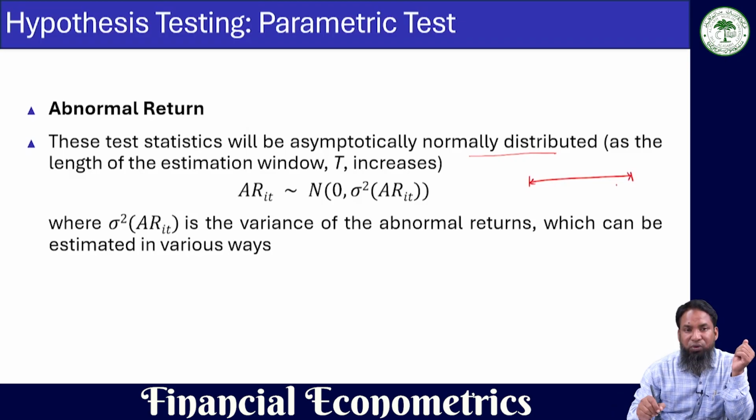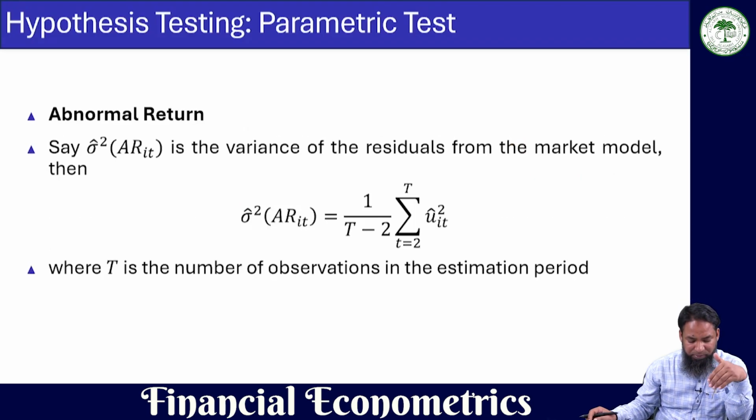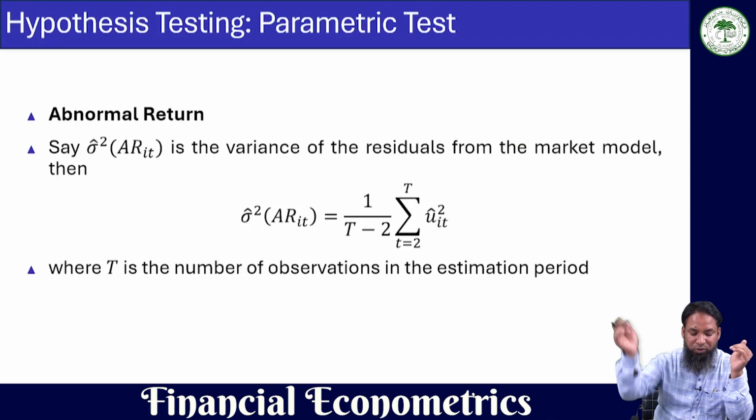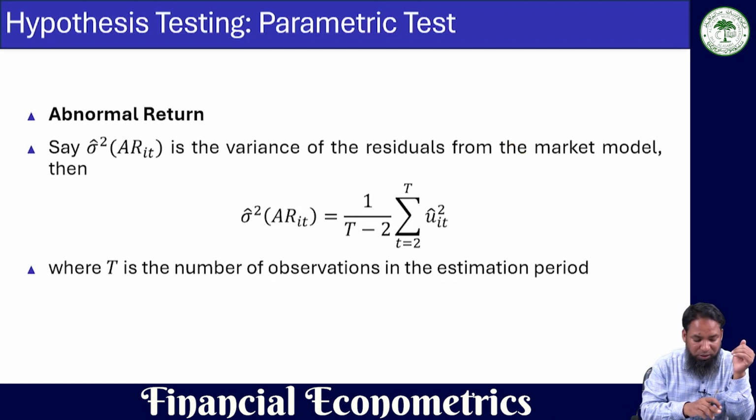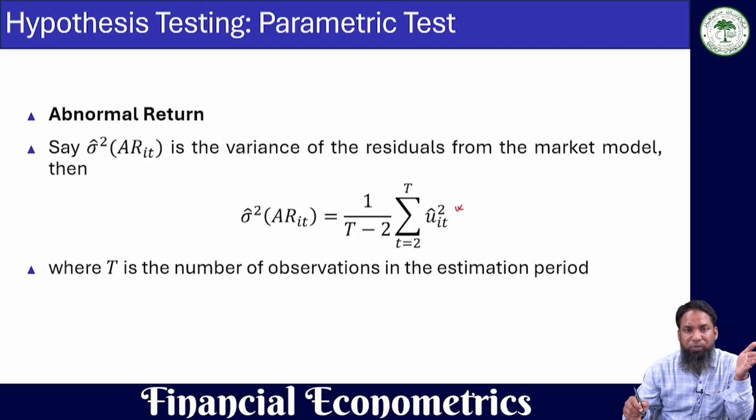As the event window increases, this will follow a normal distribution with mean 0 and variance sigma squared of AR_it. So, how do we calculate the variance? In this particular case, we calculate the variance of the residuals from the market model.